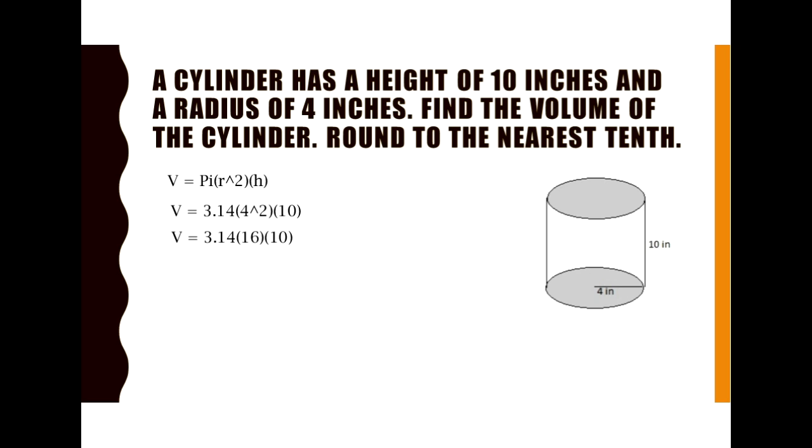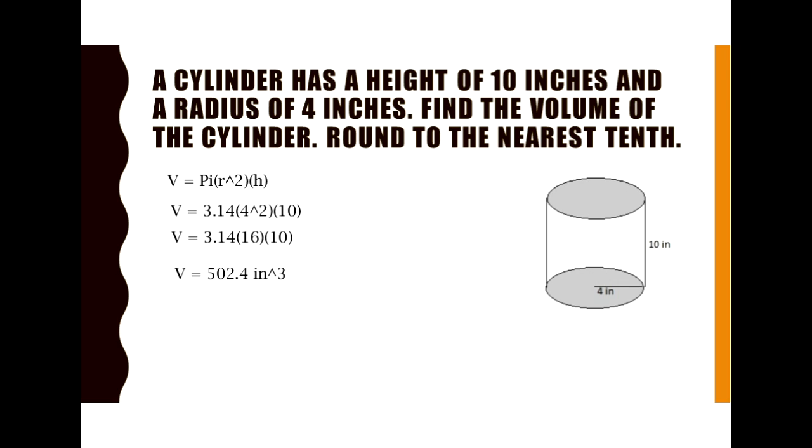After figuring out the exponent part of my equation, I'm then going to multiply. Using my calculator, 3.14 times 16 times 10 is going to give me 502.4. And because this is a volume question where the height was measured in inches and the radius was measured in inches, my final answer is going to be inches cubed or cubic inches.